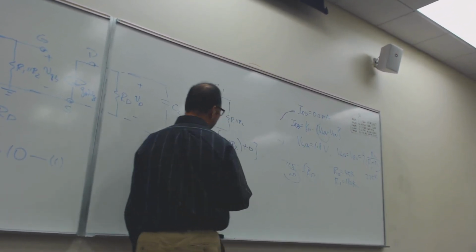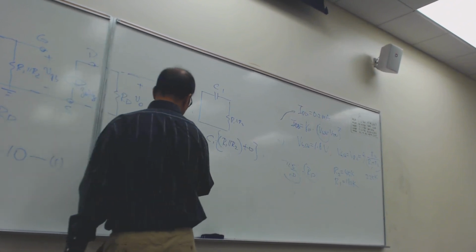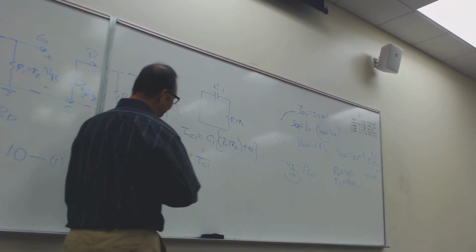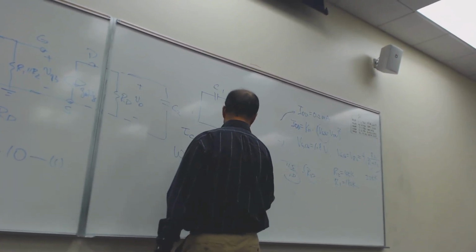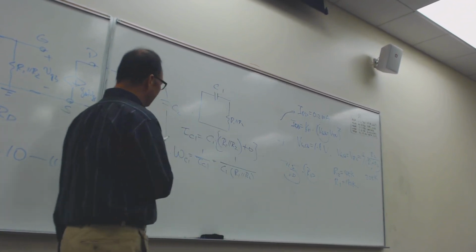Yes? Okay, and omega C1 is equal to 1 over tau C1, correct? So it's equal to 1 over C1 times R1 in parallel with R2, correct?